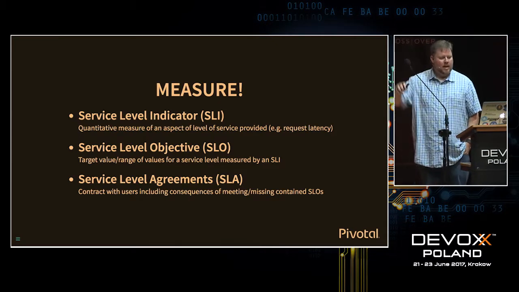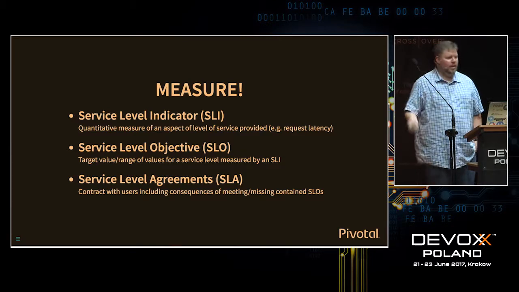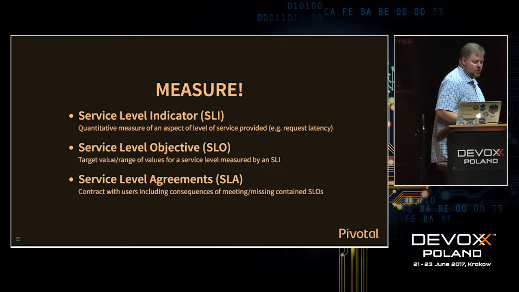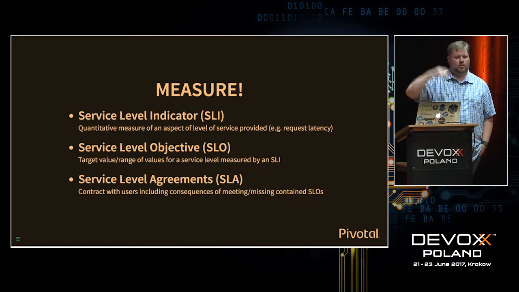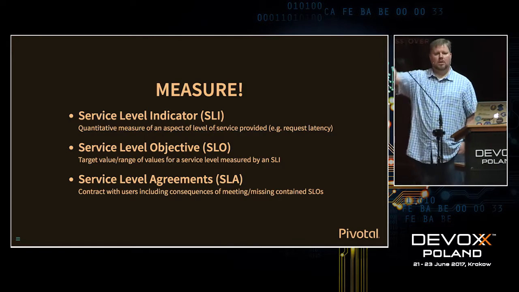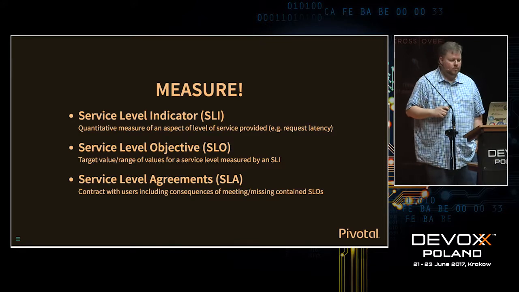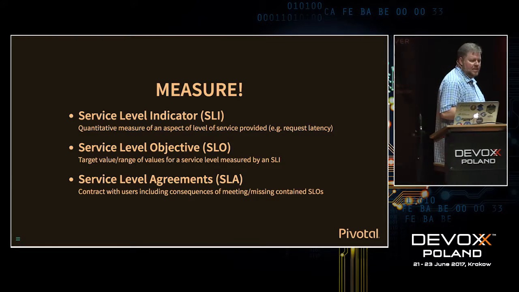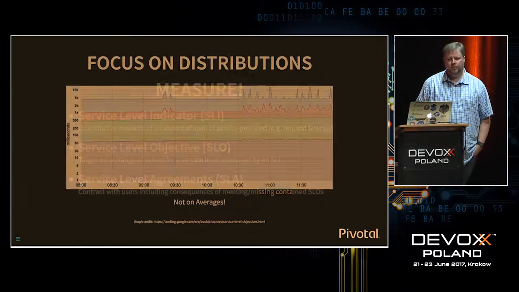So, if I don't meet this objective, then I have some financial penalty or some other penalty associated with it. I might have a contract with a customer that says, hey, if I don't meet my SLA, then you don't have to pay me as much money this month. So we need to have the foundation laid before we can actually do that well.